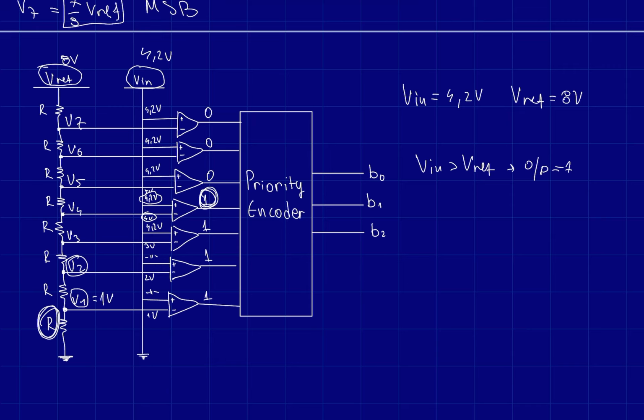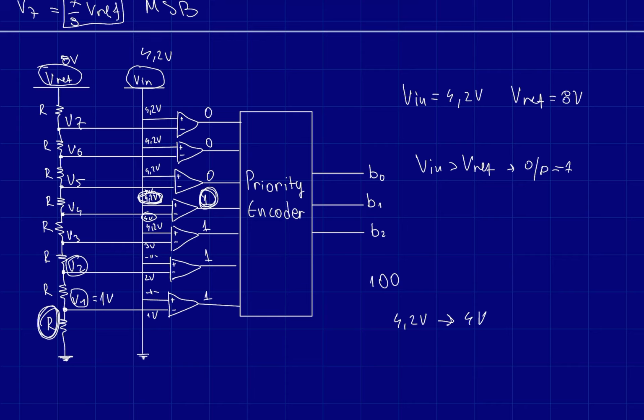The encoder knows that the output corresponds to the number 4, and we will get 1 0 0 in the output, which is 4 in binary. So we successfully managed to convert an analog voltage, 4.2 volts, into a digital one that represents 4 volts.